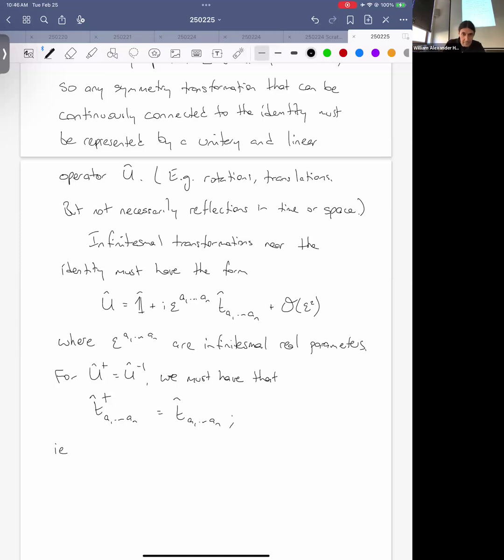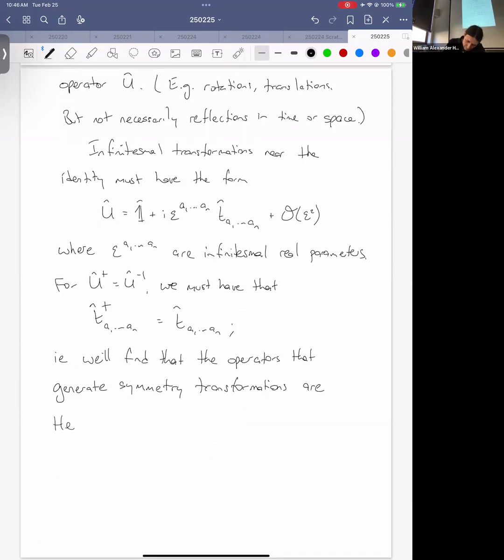I.e., we'll find that the operators that generate symmetry transformations, at least symmetry transformations that are continuously connected to the identity, are Hermitian, and are therefore candidates for observables.